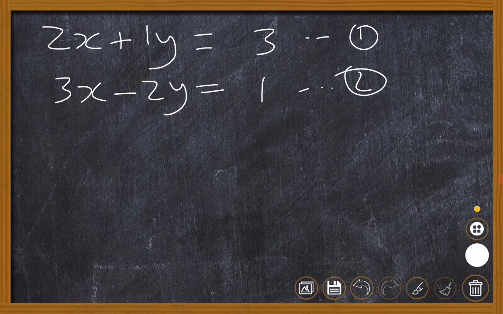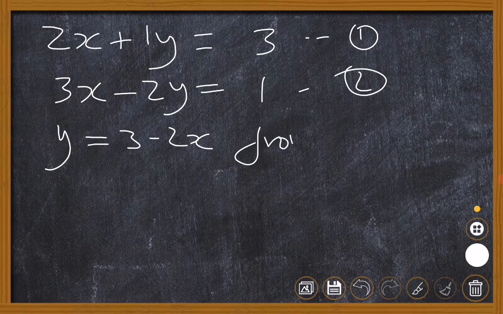So we can just write y equals 3 minus 2x. So now you know y is equal to 3 minus 2x, and this is from equation 1.